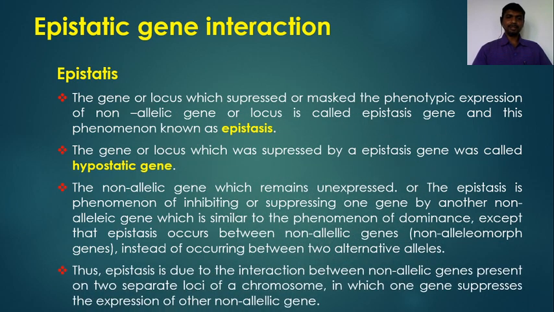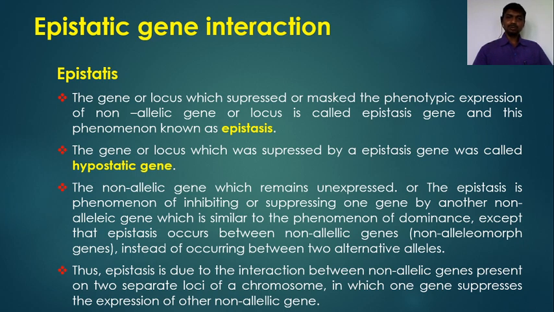So do you get the phenomenon of epistasis? What is epistasis? Epistasis is the suppression or masking of the phenotypic expression of one gene by the other non-allelic gene. The gene which suppresses the phenotypic expression of the other gene is called the epistatic gene. And which was suppressed?